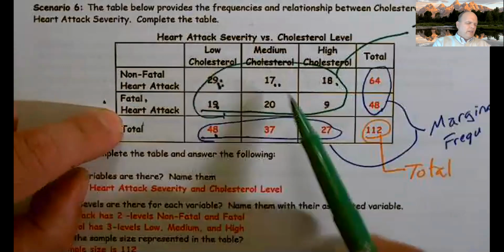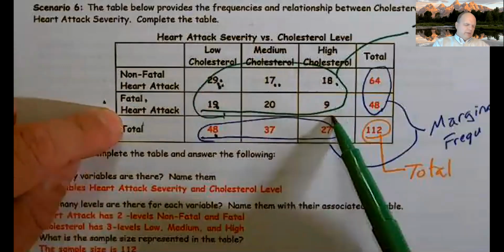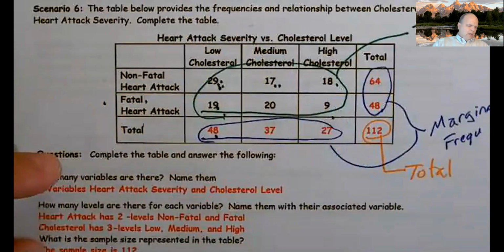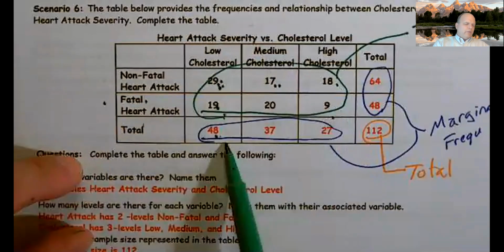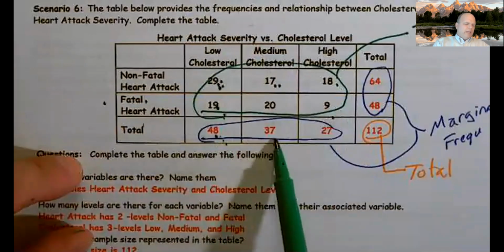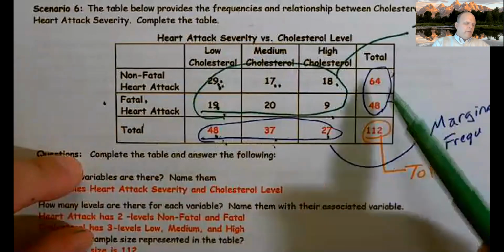Fatal and low is 19, fatal and medium is 20, fatal and high is 9. The marginal frequencies we've already talked about, and so 48 low cholesterol, 37 medium, 27 high, 64 non-fatal, 48 fatal.